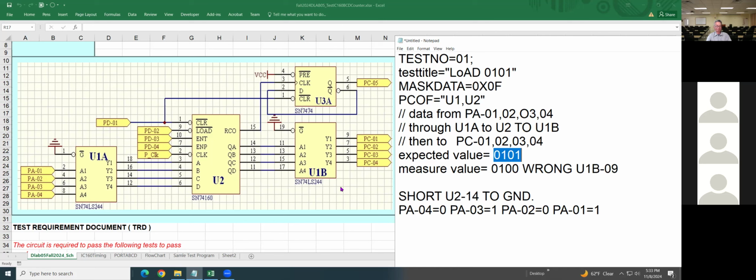The other way, you go backward. I'm looking at the expected value. I know I'm wrong on pin number 9, right? Right. So I go back. I'm looking at pin 11. Now, if pin 11 is correct, what can you do?